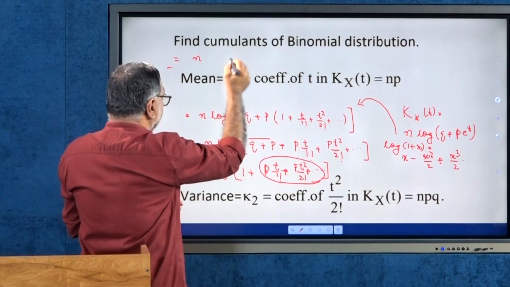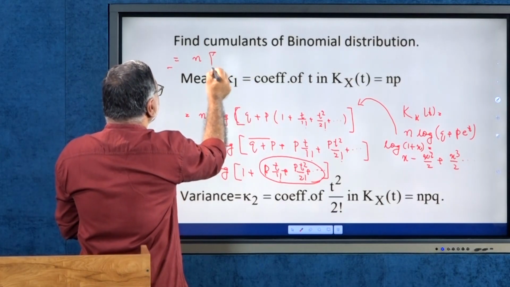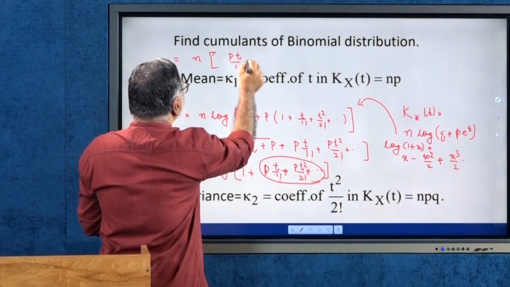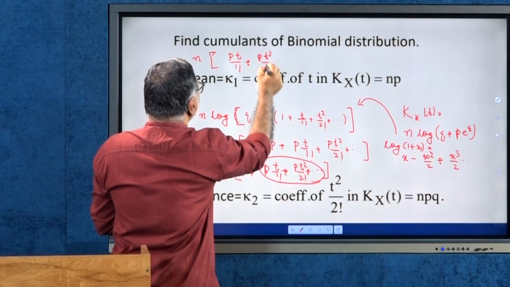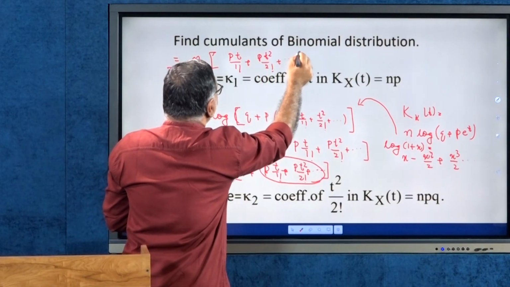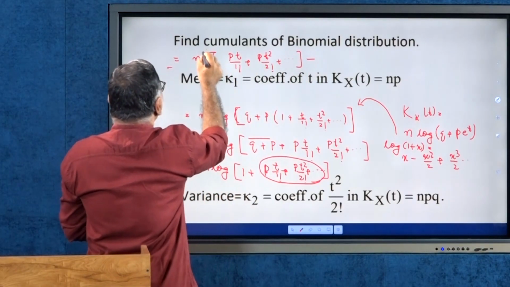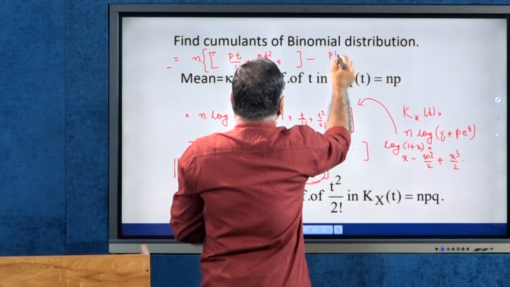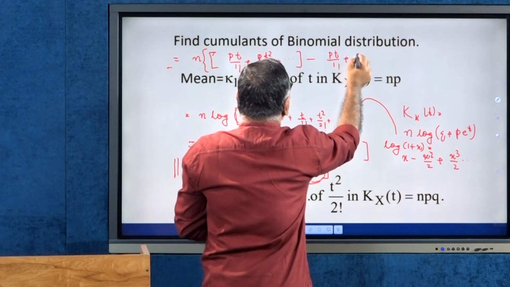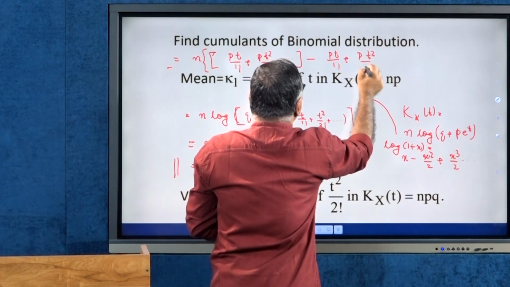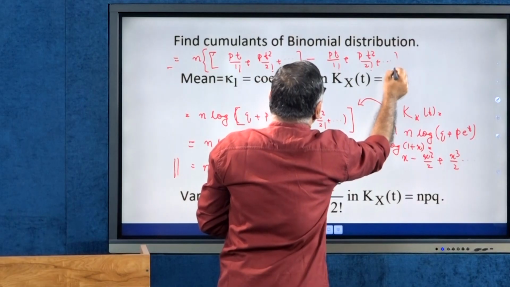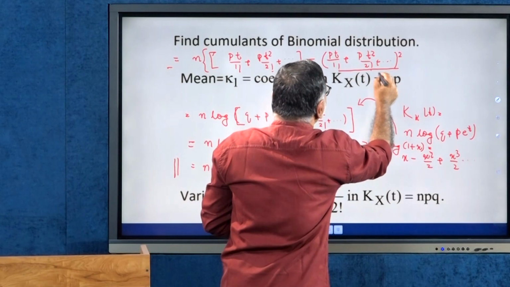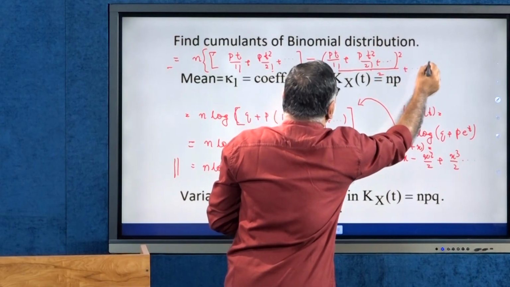So, n into x, that is n into p t divided by 1 factorial plus p t square divided by 2 factorial plus etc., minus x square by 2, that is p t divided by 1 factorial plus p t square divided by 2 factorial plus etc., the whole square divided by 2, plus etc.